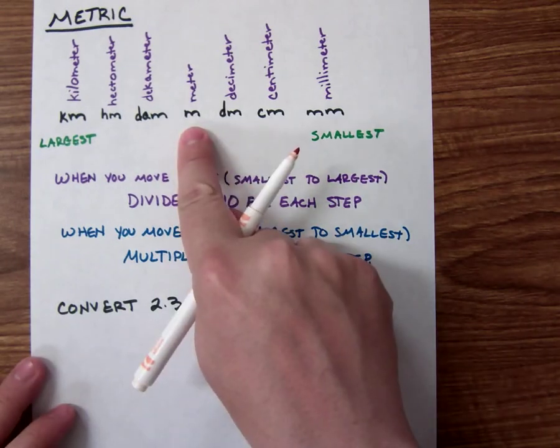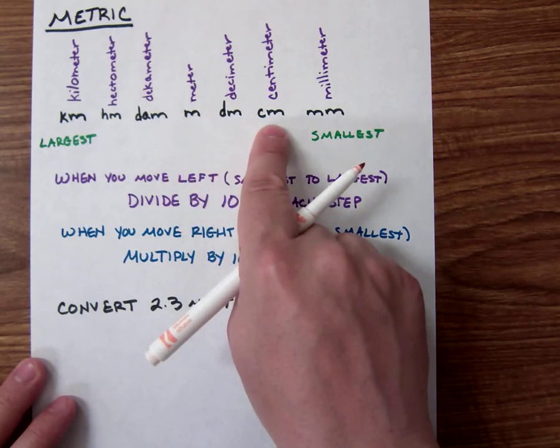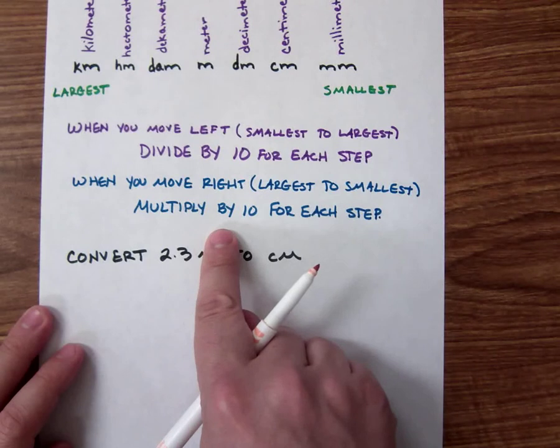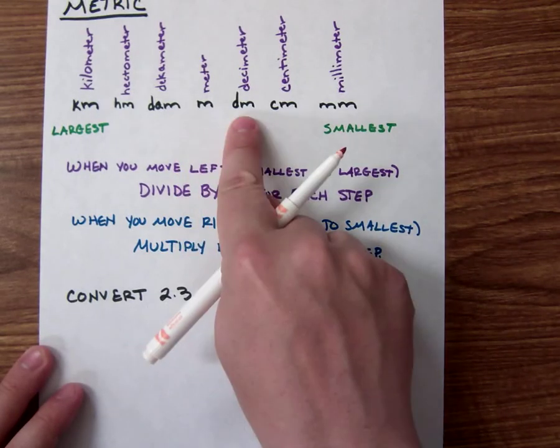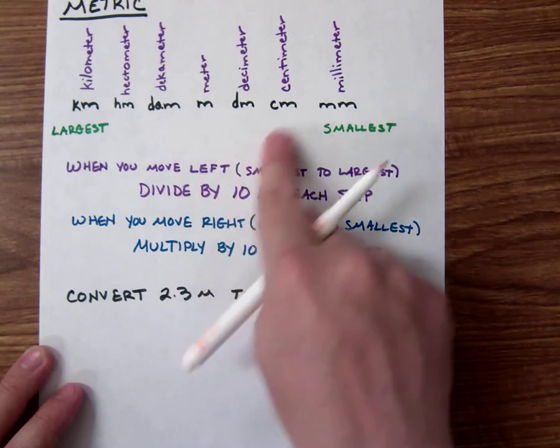This is what I'm given. I want to convert to centimeters, which means I go how many spots? 2 spots to the right. When you move right, you multiply by 10 for each step. So this was 1 step, 2 steps to get from meters to centimeters. So I'm going to multiply by 10 twice.